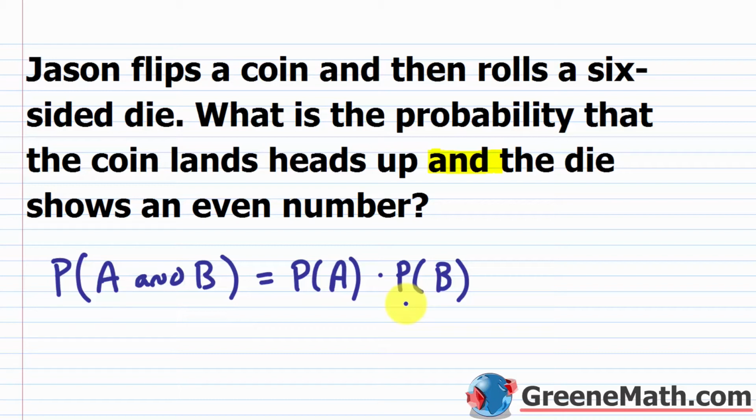Flipping a coin does not impact the result of rolling a 6-sided die. So these are independent events, and we can just use this formula as it's given.